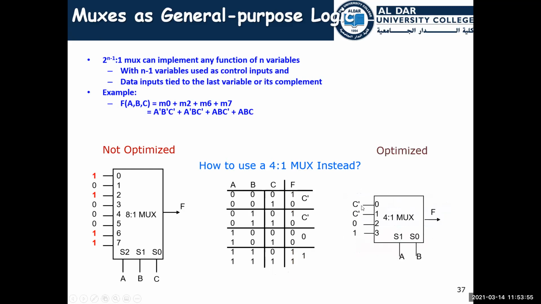This means I can use the 4x1 multiplexer, and the third variable, C, is passed to the input once complemented, and another time with the value fixed at 0 and fixed at 1. Okay, you understand this part?